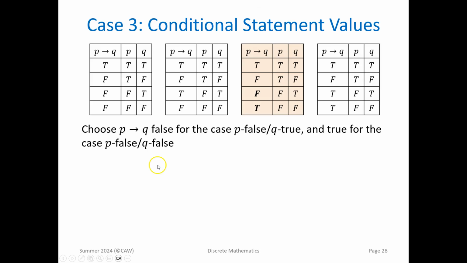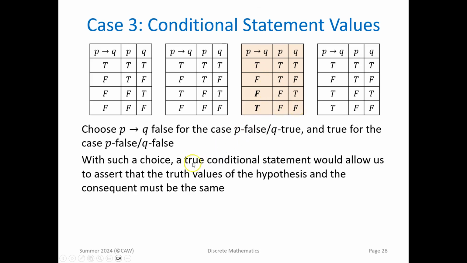Let's look at the third table from the left. Here we'll choose P then Q false for the case P false, Q true, and true for the case P false, Q false. You can read that right up here on the table. But this choice shows us that a true conditional on the first row, true conditional on the last row, would allow us to assert that the truth values of the hypothesis and the consequent, P and Q, must be the same.